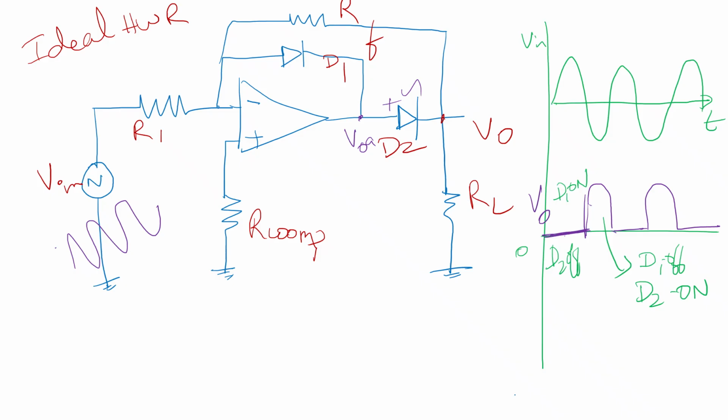For a negative input, that is Vi less than 0, D1 is off and D2 is on. The equivalent circuit for this can be shown, and the conduction states can be shown with the help of a circuit diagram.